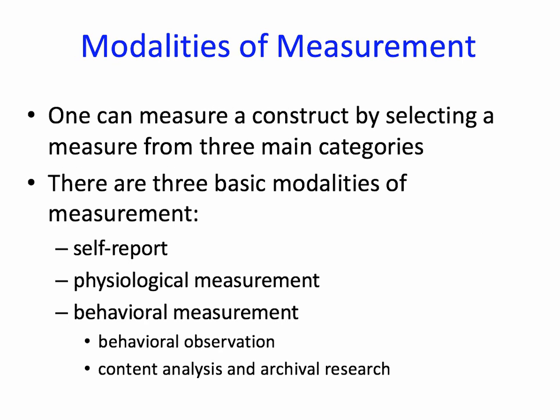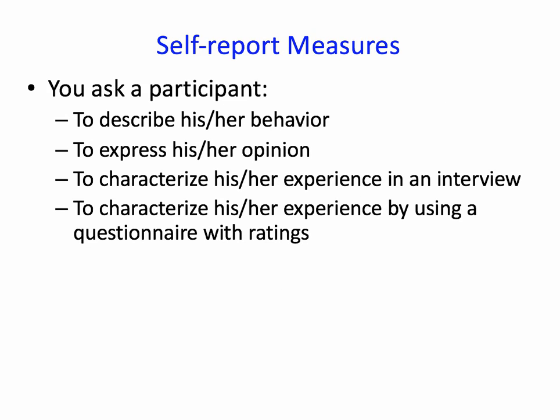There are various modalities of measurement. For the most part, we're going to focus on self-report in this particular class, but there are others as well. Self-report measures: basically, you're just asking participants to share their behavior, their opinions, things like that. There are a lot of issues with self-report measures.